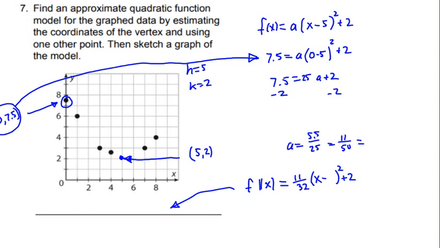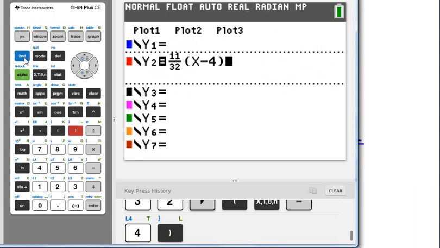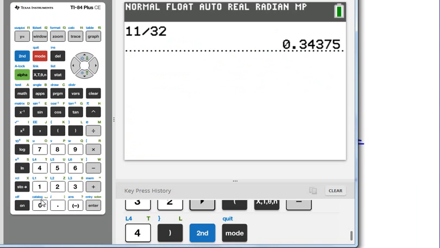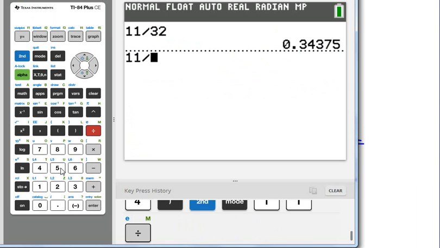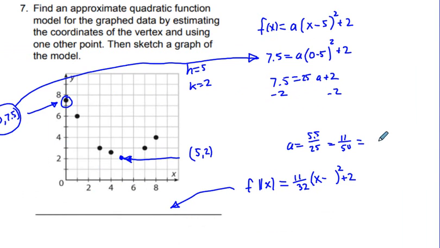And that's going to be 0.22. Yes, that's what it is. So we go to 11 over 50 here, x minus 5 squared. Okay, this should be it.